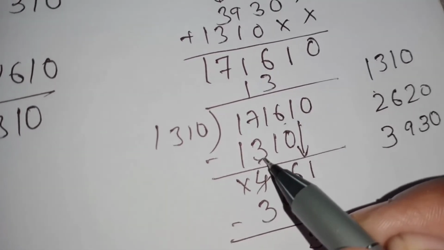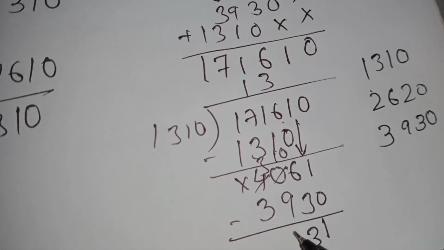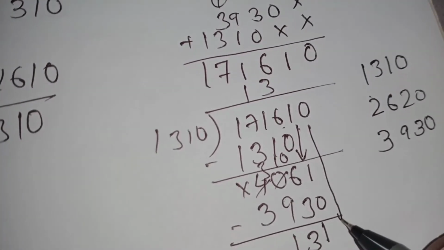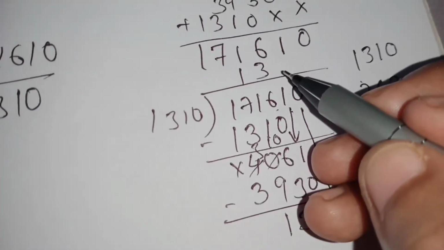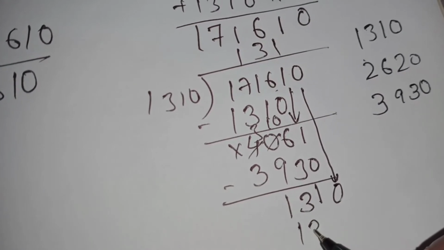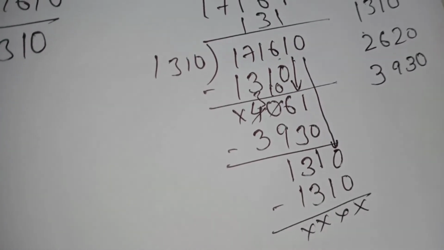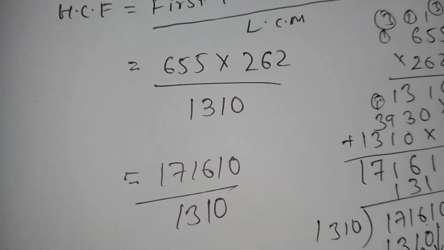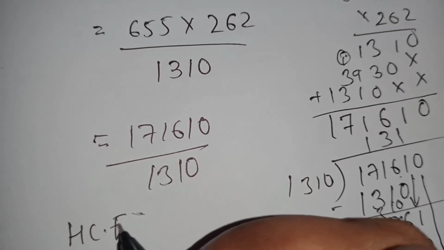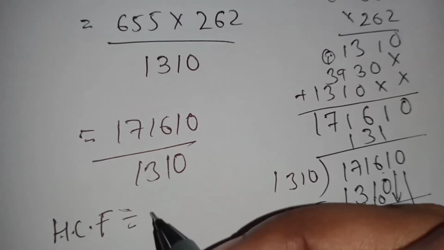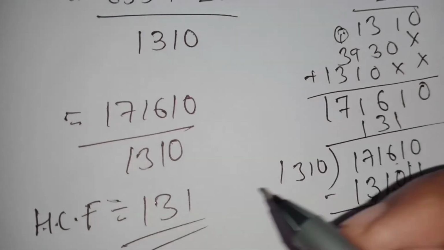It will take borrowing. 10 minus 9 is 1. Bring this 0 down. Now you can see it is the same. So 1 times 1310, because 0 will come. So what is the HCF you are finding? The HCF is equal to 131. This is the answer.